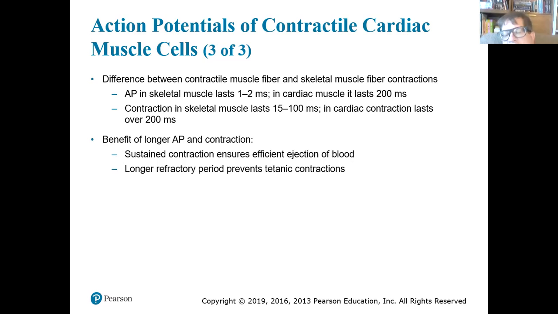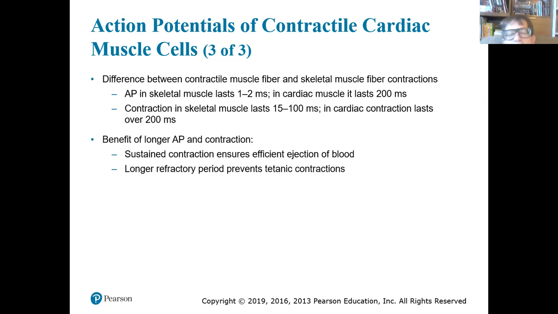The longer refractory period gives the heart time to fill and get ready to contract again. It prevents you from having, remember in skeletal muscle, we could have signals come so fast and we're responding to them so fast that you never get to relax. You just get stronger, stronger, stronger. Well, if we did that, the heart would never get to refill.